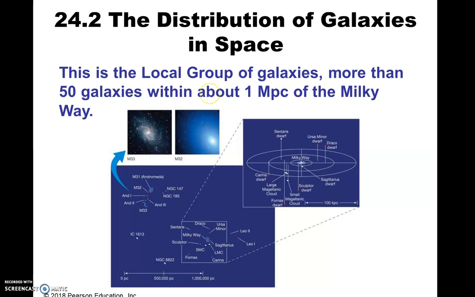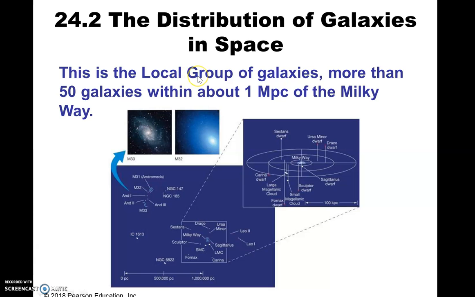All right, so the next thing is using these distance ladders, these various methods of finding distances: where's the Milky Way in relationship to other galaxies, for example? So we exist in the Milky Way. It exists in what's called the Local Group. I know it's a really advanced name, right?